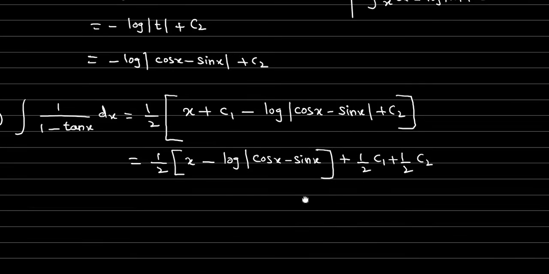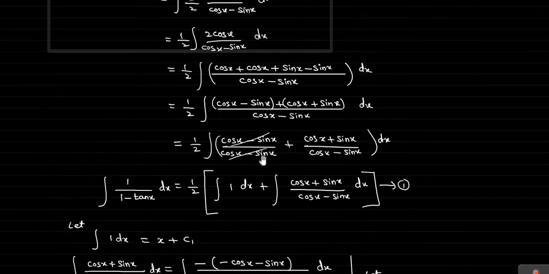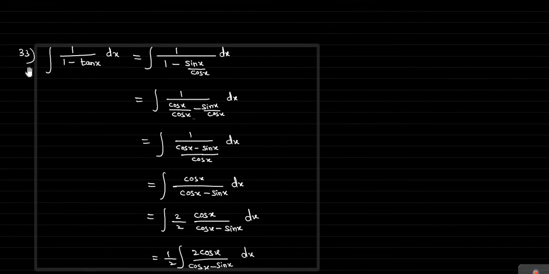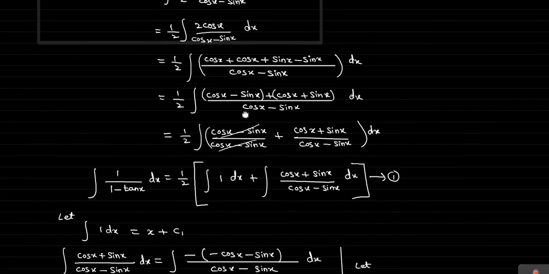When we add the two constants together, the result will be c only. So 1 by 2 bracket x minus log modulus cos x minus sin x bracket close, plus c. So that's all the solution of the 33rd sum. Okay, it's like the same as the 32nd model.